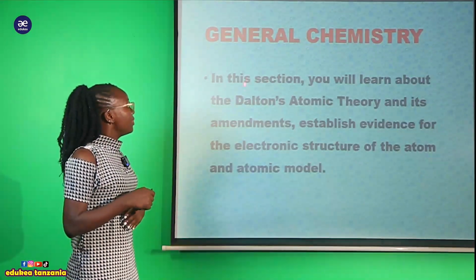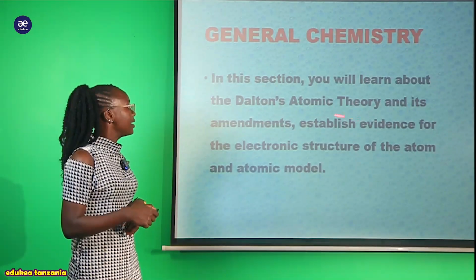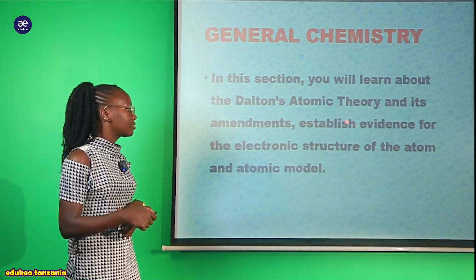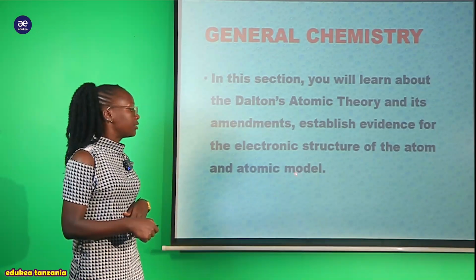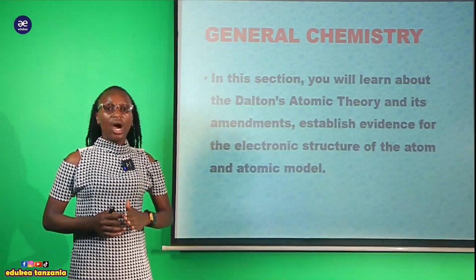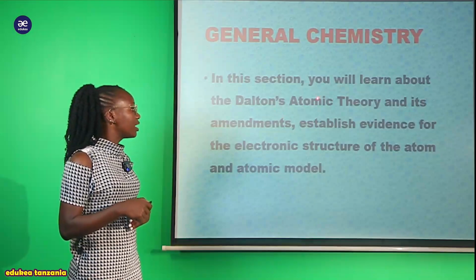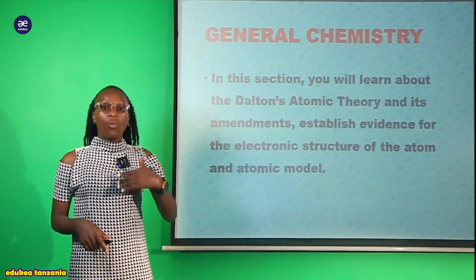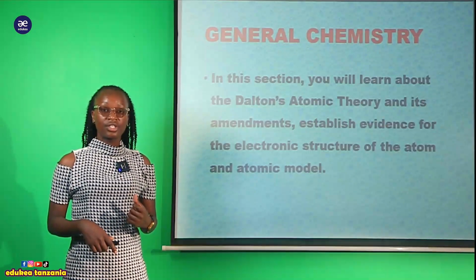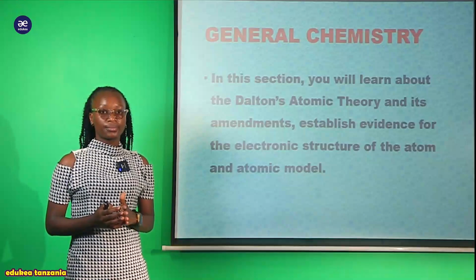And in this section you will learn about the Dalton's atomic theory and its amendments, and establish evidence for the electronic structure of the atom and atomic model. So here in this Dalton atomic theory, we are going to see what the postulates are, what proposals he gave about the structure of the atom, but also the issue of the atomic models.